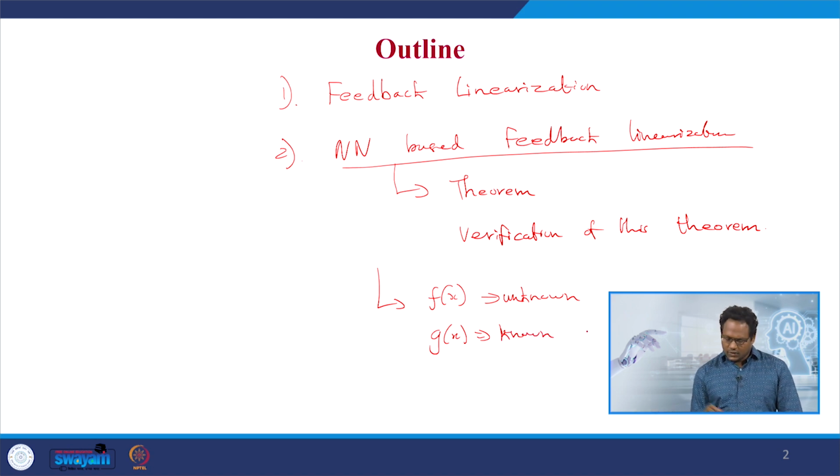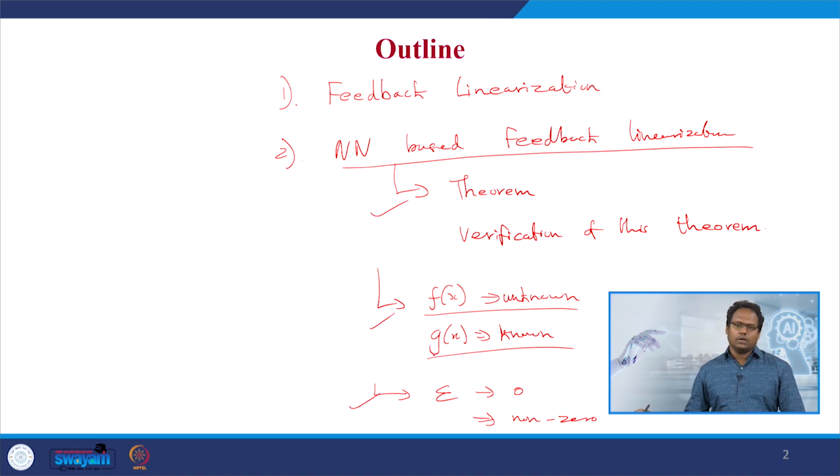So, we are going to take a case where the nonlinear function f of x is unknown and g of x is known, with the approximation error term being 0 and being non-zero. Under these cases, we are going to define, derive or design the neural network based feedback linearization approach.